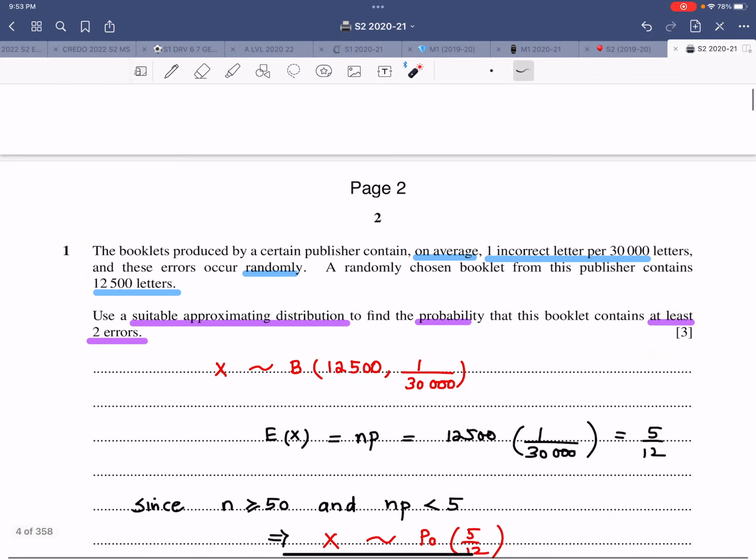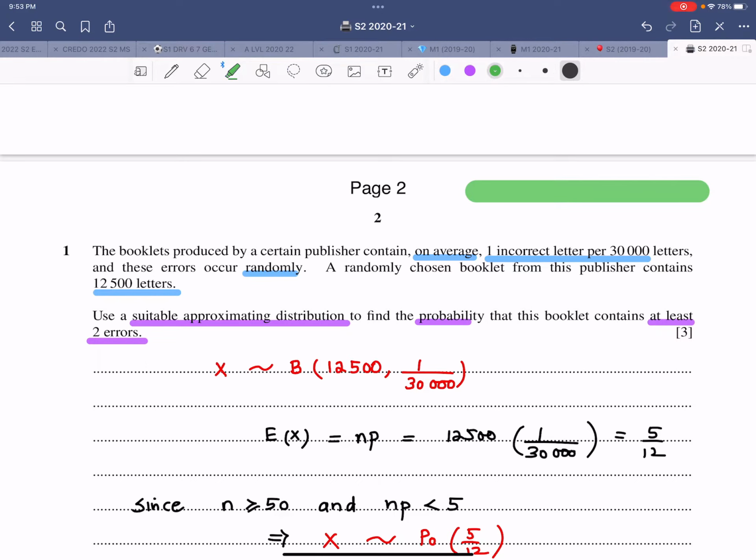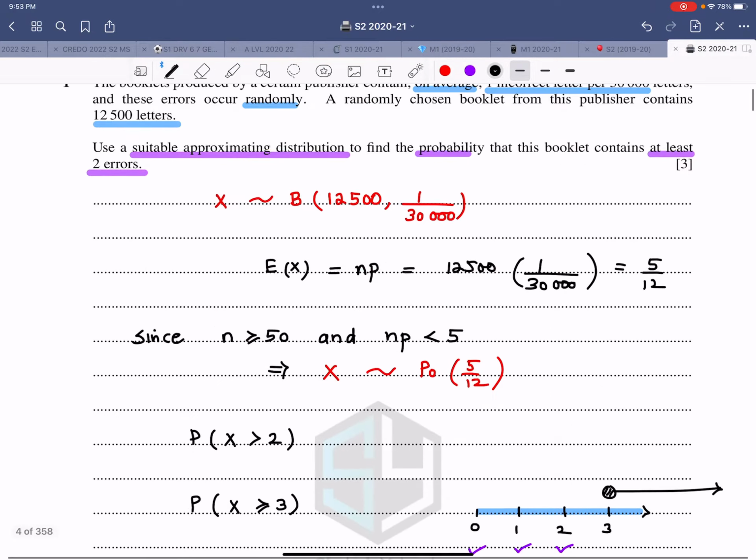This is about Poisson approximation to binomial. So this originally was a question of binomial, but because of approximation, this is Poisson approximation to binomial. Both distributions are discrete, so there is no continuity correction. So that's the first question.